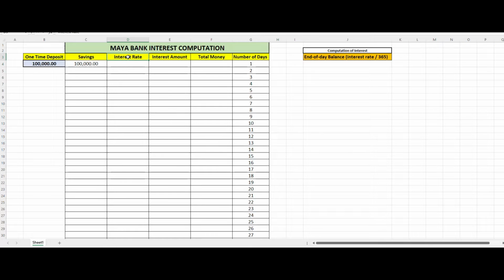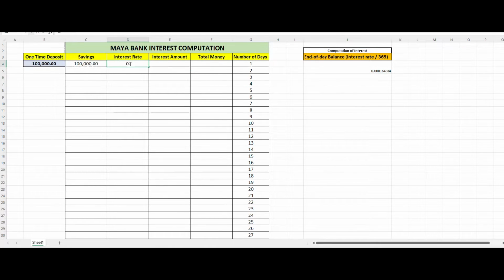Then to solve for the interest rate using this formula, the interest rate divided by 365. For example, the interest rate is 6%, and 6% in decimal is 0.06, then divide by 365. So this is now the interest rate.